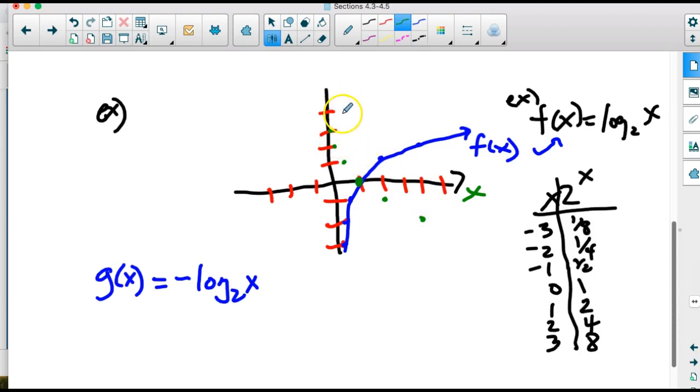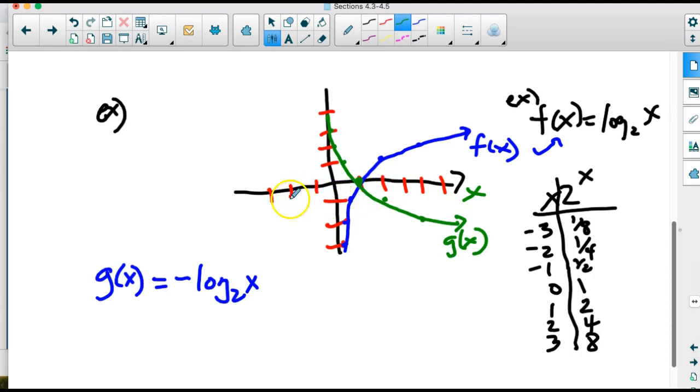So this would be the graph of g of x, the negative in front of it. Same base, same points, but they're reflected. So instead of 2, 1, we go 2, -1. We reflect them.